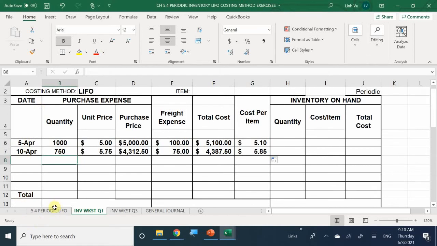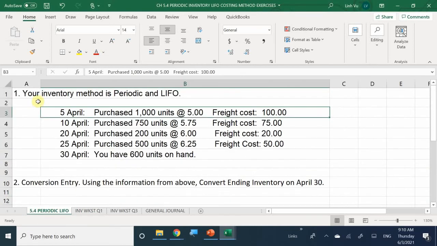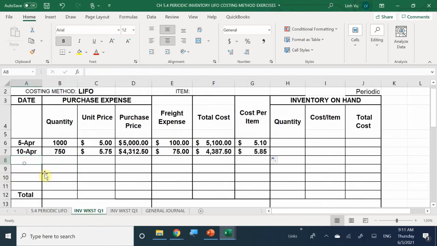All right. Then we have on April 20th, we purchased 200 units at $6 each with a freight costing $20. So what I'm going to do is go to the inventory worksheet first so that we don't have to double up on our numbers. It is April 20th.